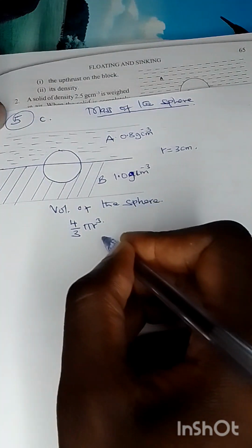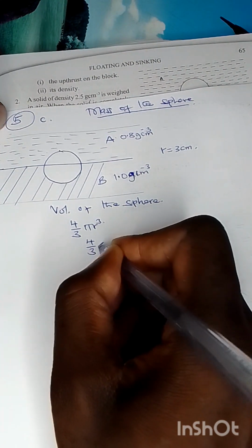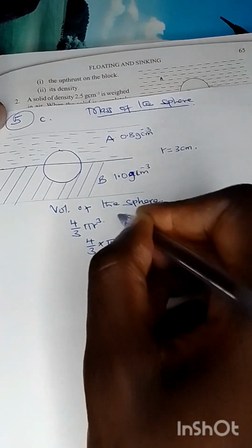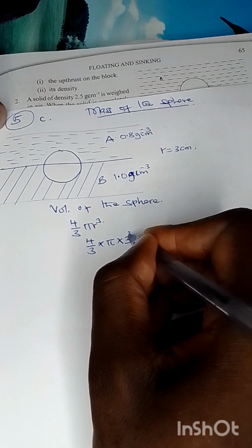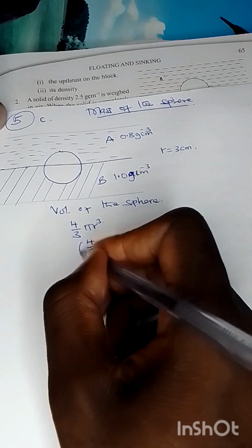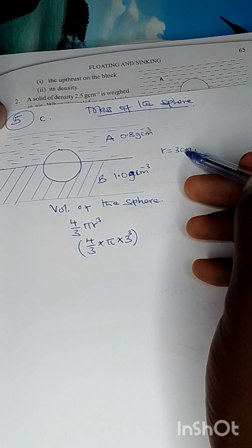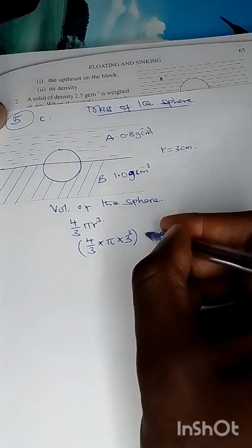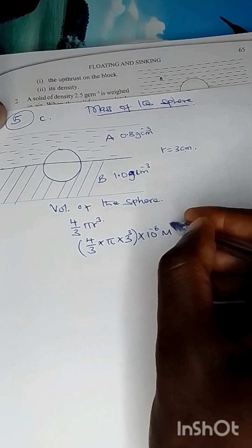This is going to be 4 over 3 multiplied by pi multiplied by the radius cubed. Because the radius is given in centimeters, my volume is now in cubic centimeters. So to convert, I just multiply it by 10 to the power negative 6, so it becomes cubic meters.